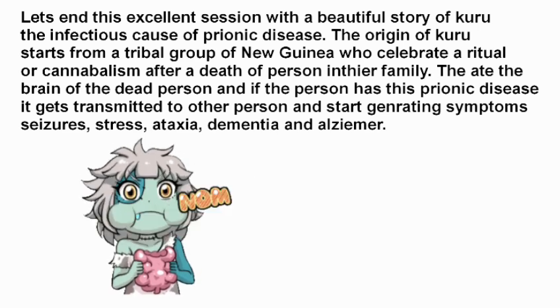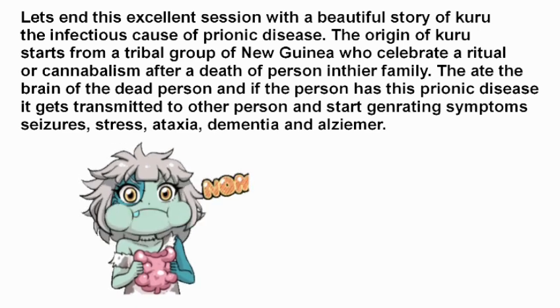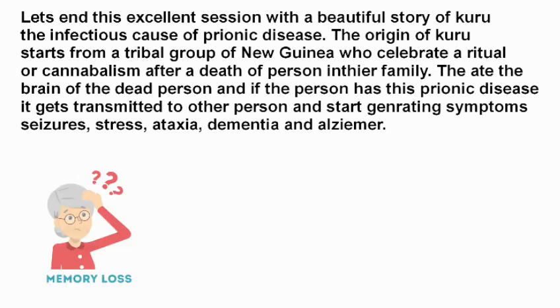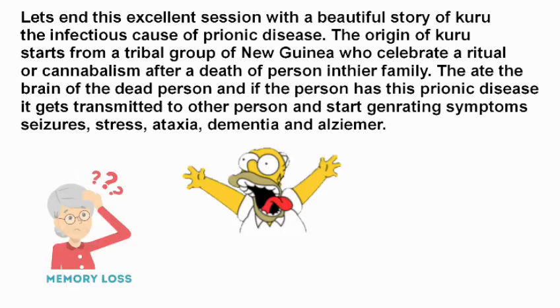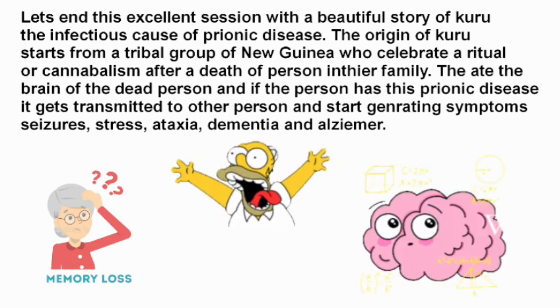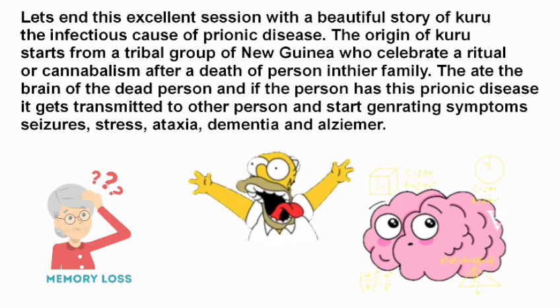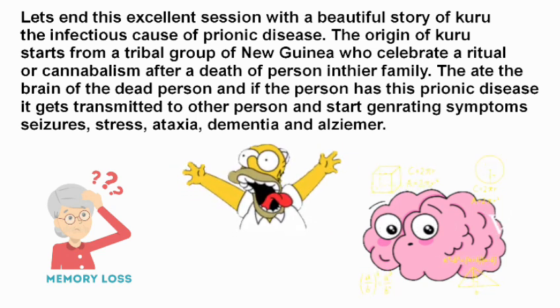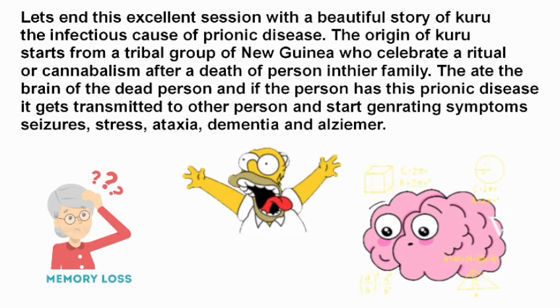In this, they ate the brain of the dead person, and if the dead person had this prion disease, it got transmitted to another person, and this beta pleated prion causes the other person's alpha helical proteins to change and generate symptoms like seizures, stress, ataxia, dementia, Alzheimer's and then death.